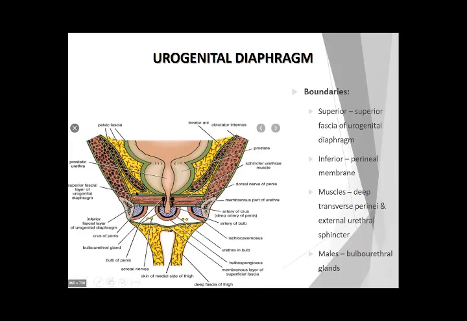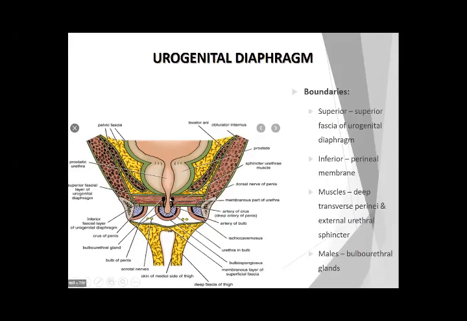And in between these two, we have a mass of muscles. This mass of muscles contains the deep transverse perineum and the external urethral sphincter. These two muscles make up the urogenital diaphragm.